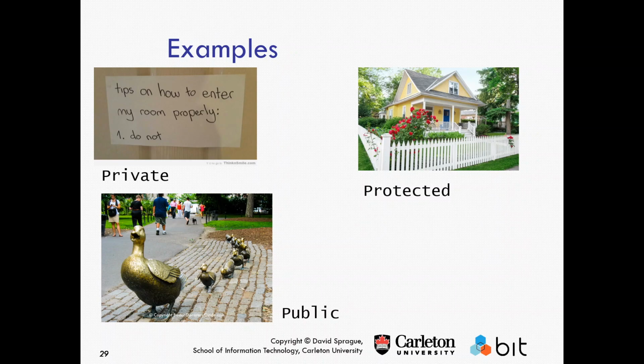So if I want a variable that only people in my class, or a subclass of mine, like an inherited class, can look at, great, throw it in protected. You don't want that variable exposed to everyone, but maybe related classes, child classes, should be able to see it. We had a protected function in the doubly linked list for get start and get end, right?